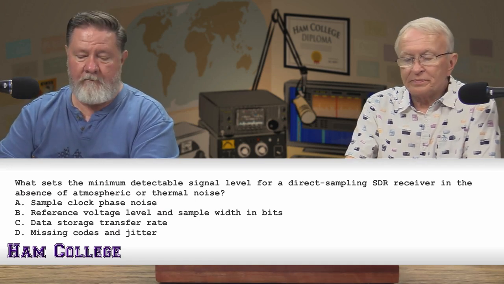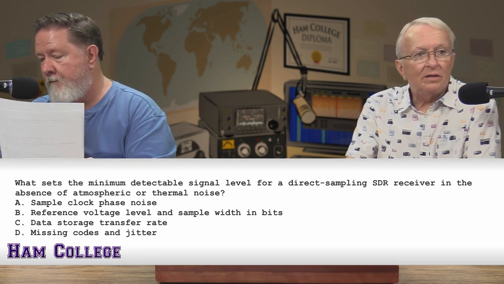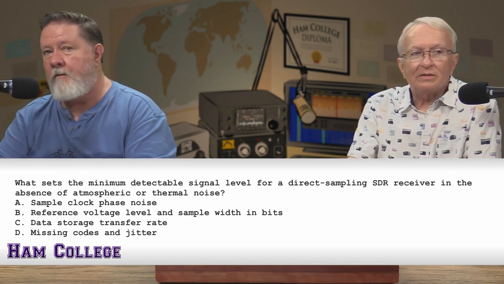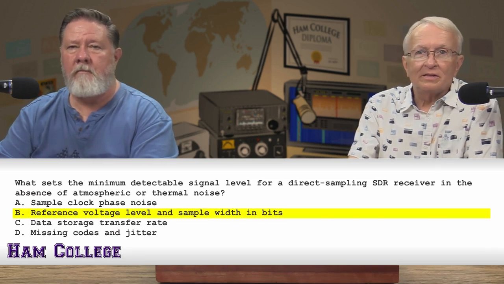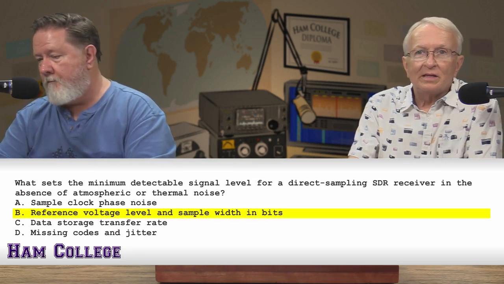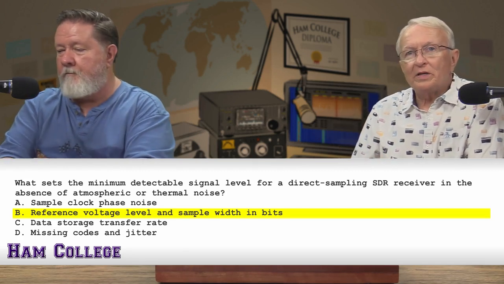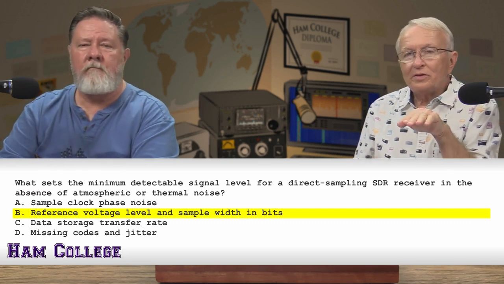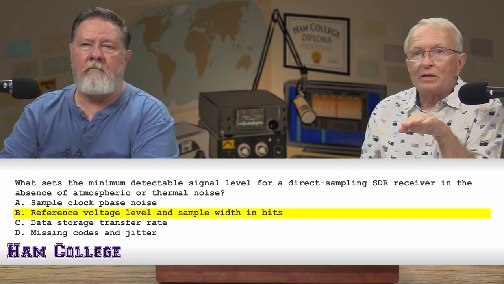Okay. Let's see. What's the chat room saying? Oh, they're a little mixed on this one. And it is the minimum detectable signal. Well, you're referencing that signal to a reference voltage level.